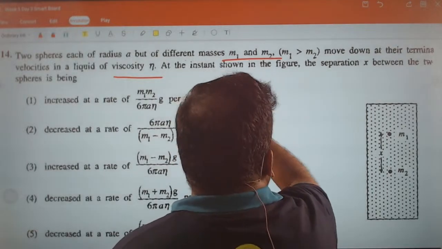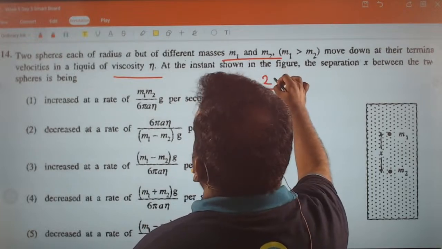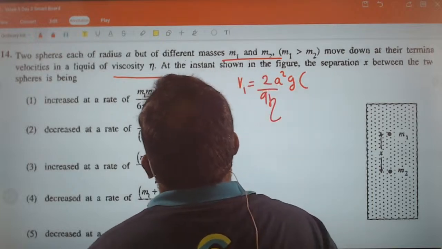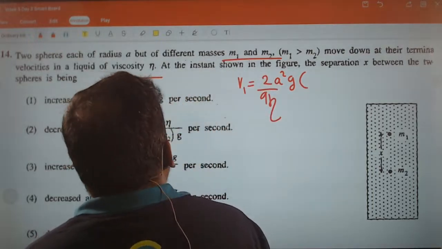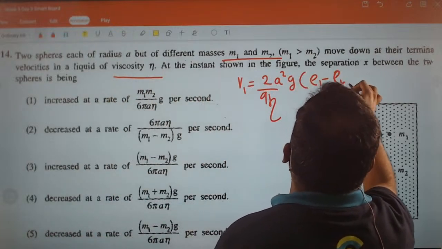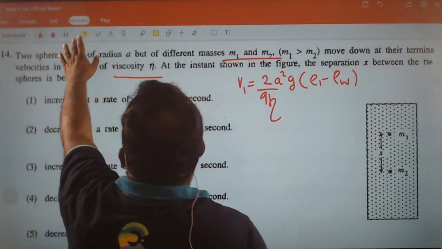So the terminal velocity v1 is 2/9 eta, same radius a squared g, same radius, different masses because densities are different, rho 1 minus rho l, liquid.